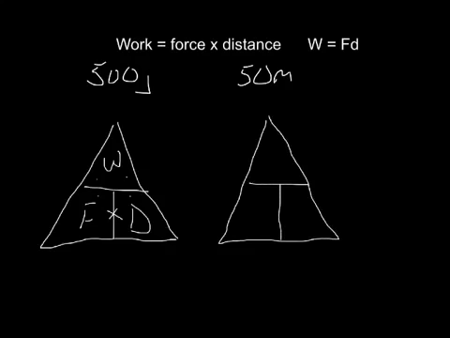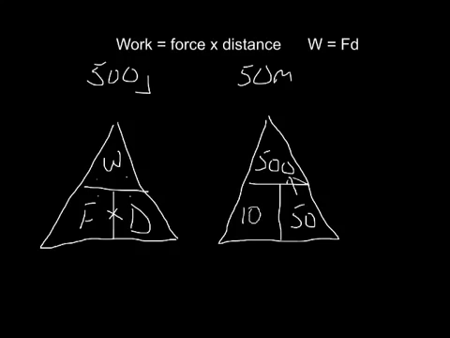We're given work is 500 and we're given distance is 50. All we need to do now is to divide 500 by 50, and that will give us a force of 10 newtons.